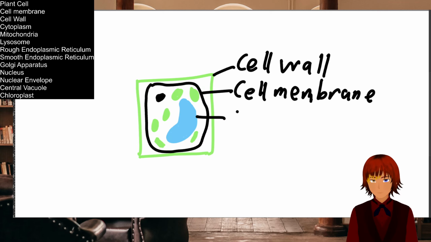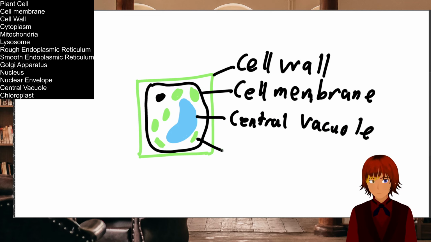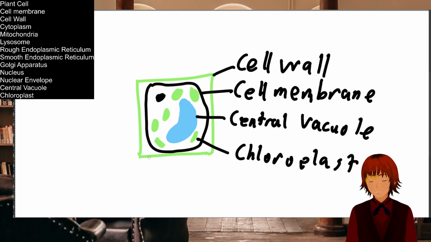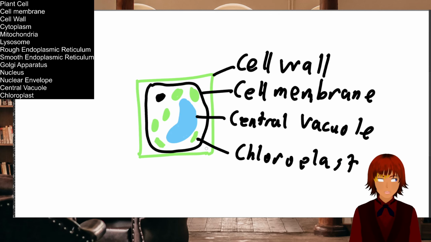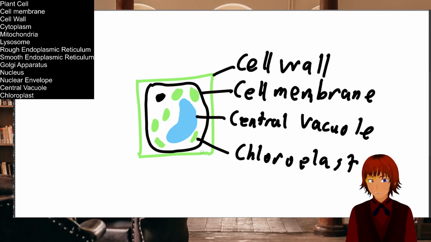So, central vacuole. Chloroplast. The chloroplast is used for photosynthesis. This is how plants use the energy from the sun in order to make their own food, glucose.